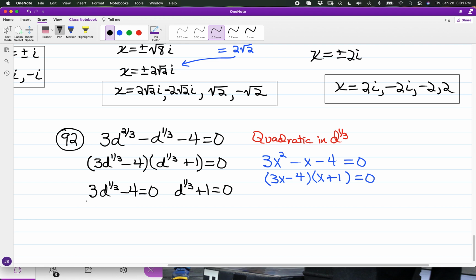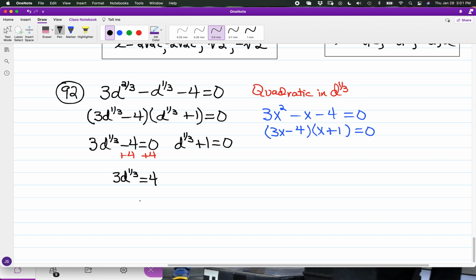If I isolate the d to the 1/3 terms, adding 4 in the first case, we have 3d to the 1/3 is equal to 4. Upon division by 3, we have d to the 1/3 is equal to 4/3.